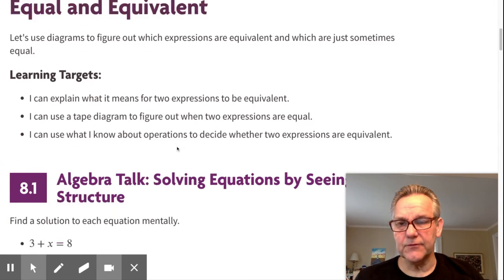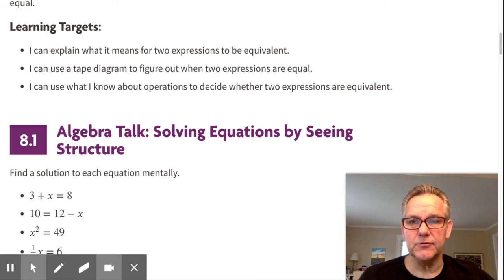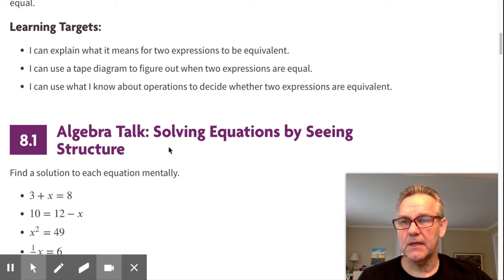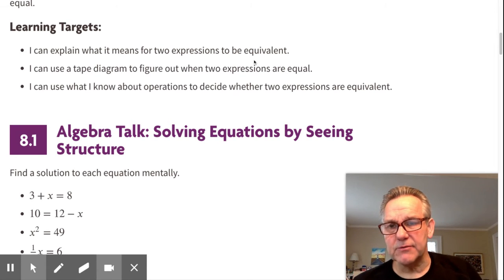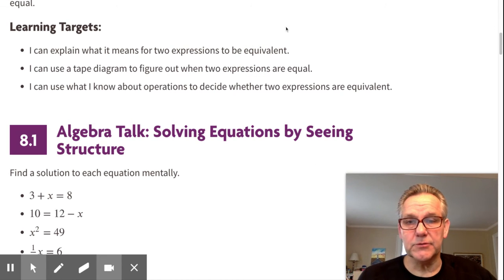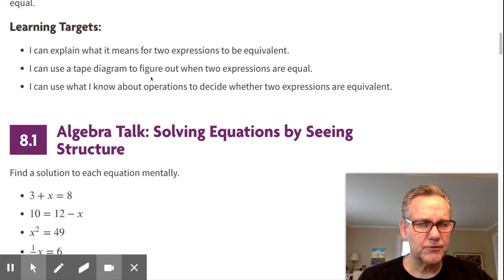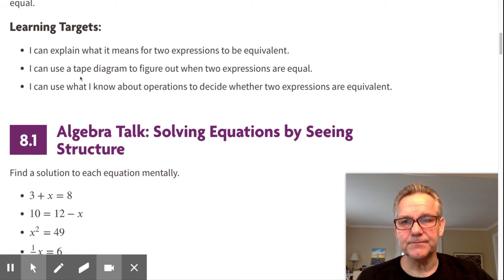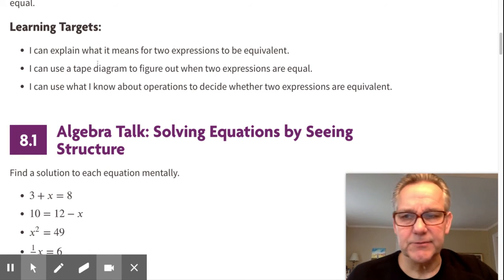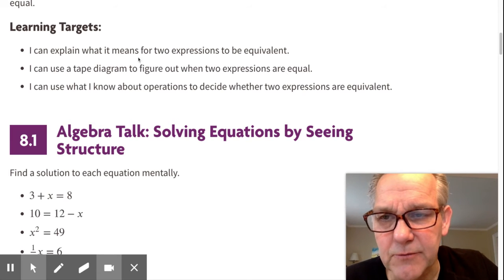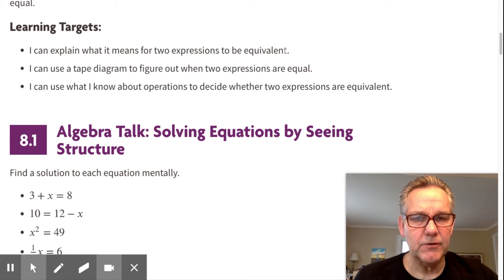Learning targets for today: I can explain what it means for two expressions to be equivalent. I can use a tape diagram to figure out when two expressions are equal, and I can use what I know about operations to decide whether two expressions are equivalent. Let's just briefly talk about those and what they actually mean. We've already done a bit of this because I can explain what it means for two expressions to be equivalent.